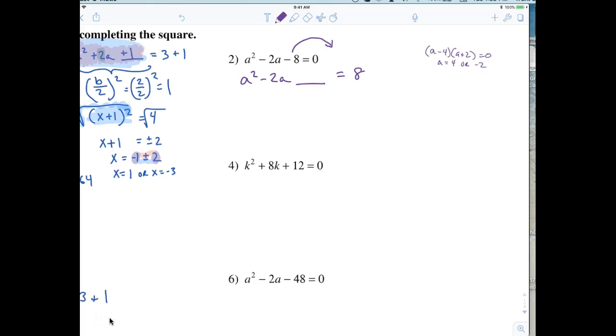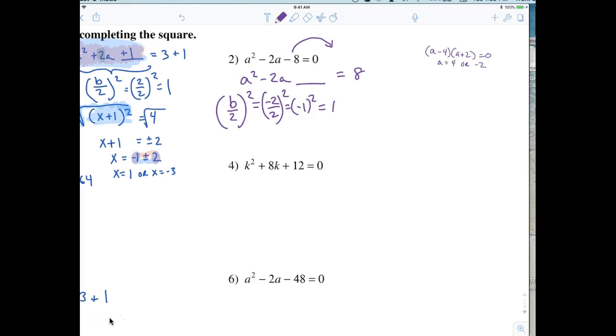To complete the square, you always take half of b and then square it. In this case, b was -2. If we take half of that, that becomes -1. And then we square it, it becomes 1.